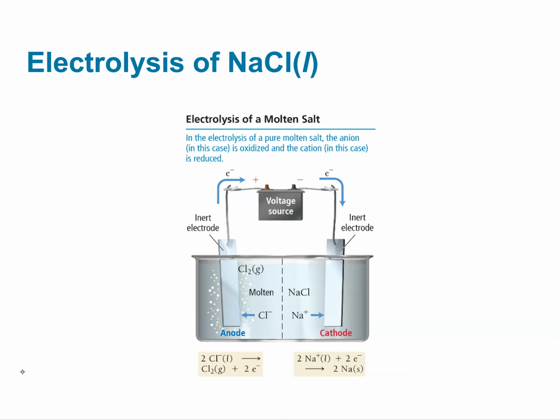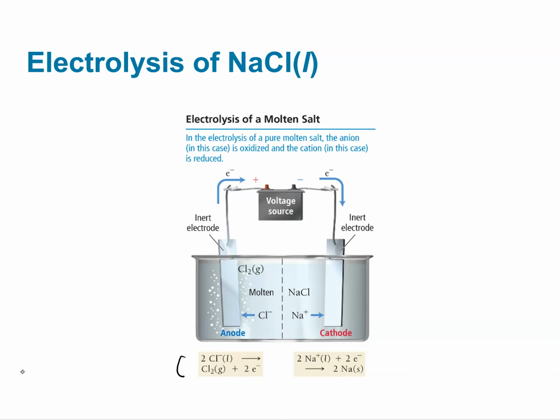So let's take a look at these two half reactions. On the left side, we have two chlorides in liquid form reacting by giving up two electrons to form chlorine gas.